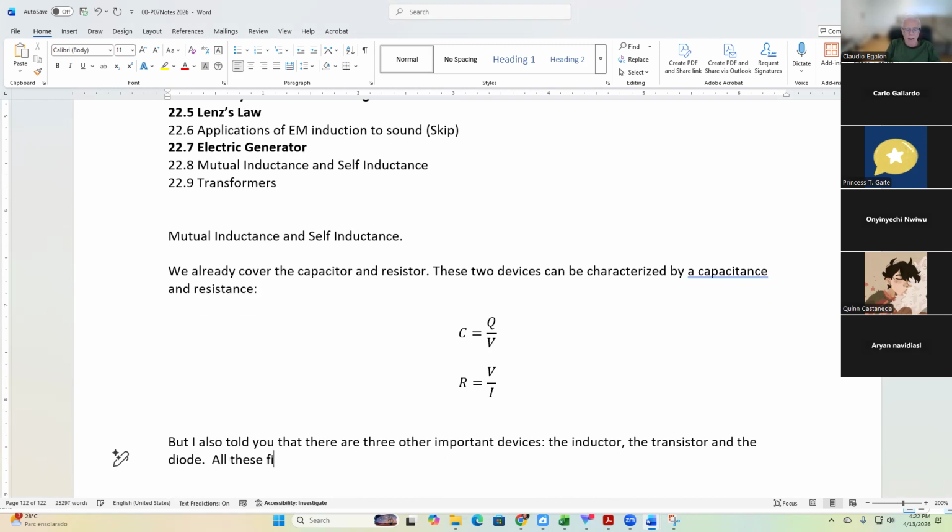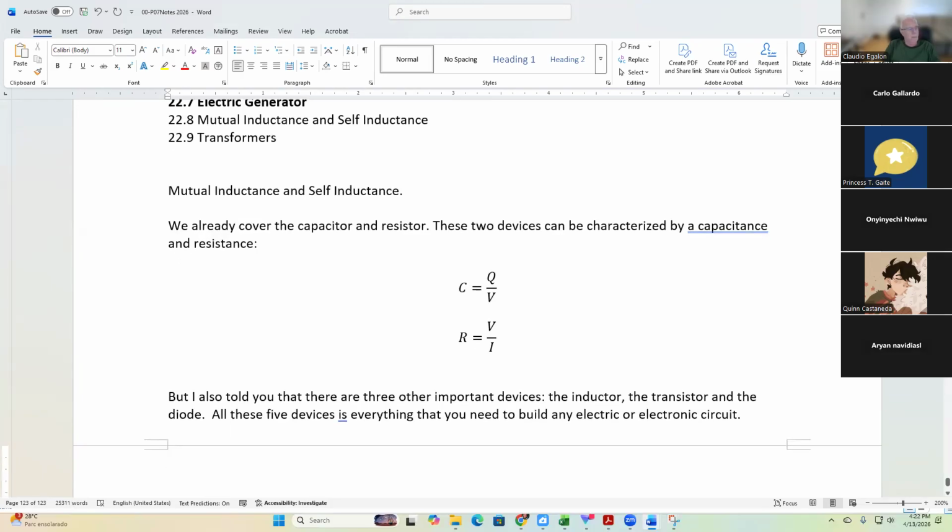All these five devices are everything that you need to build any electric or electronic circuit. That's all you need. And that's where we start talking about the inductor.